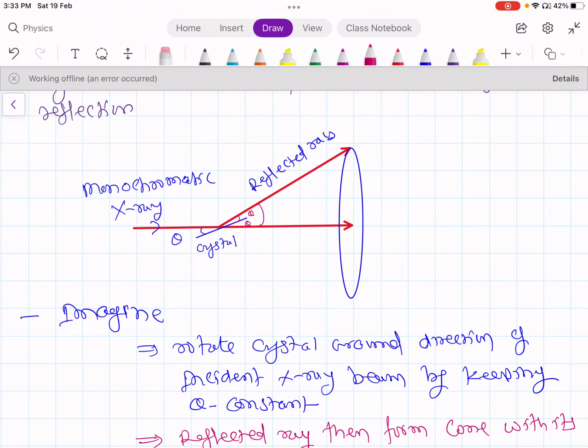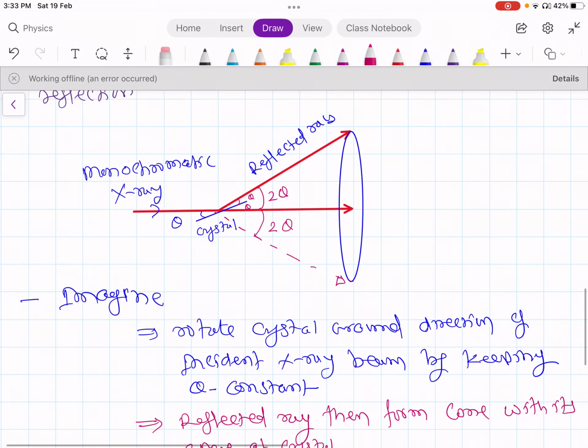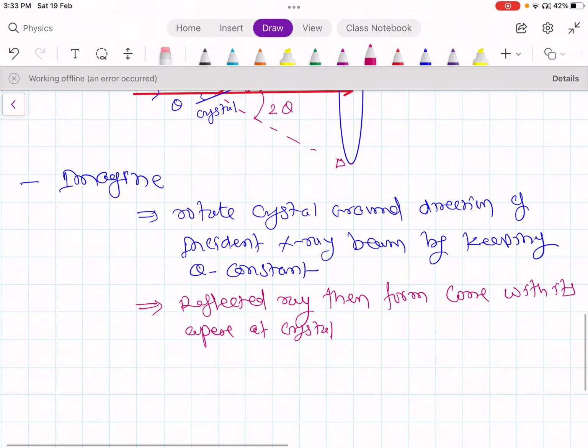This is theta, this one is 2 theta, and this angle would be then 4 theta. This is also 2 theta. So this is what will happen.